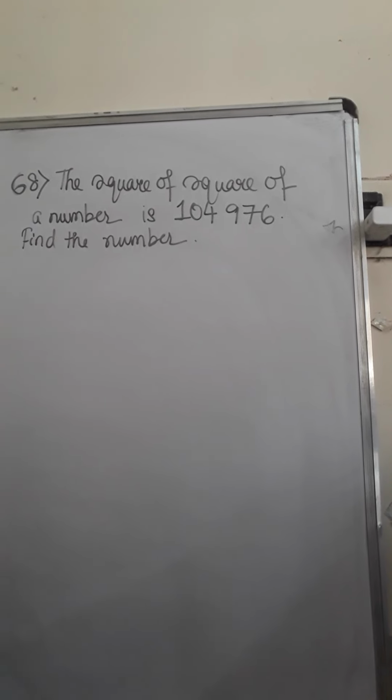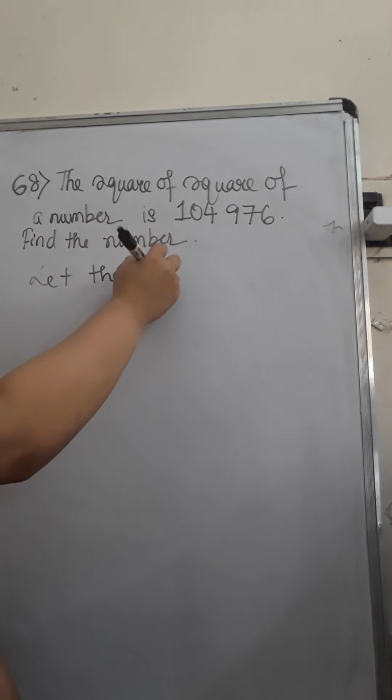Sum number 68. The square of a number is 104976. Find the number. So here also same thing, let the number be x.